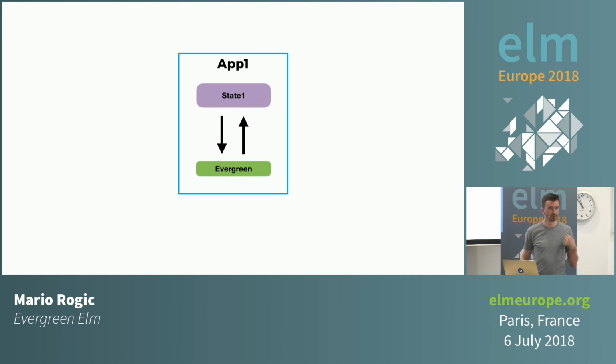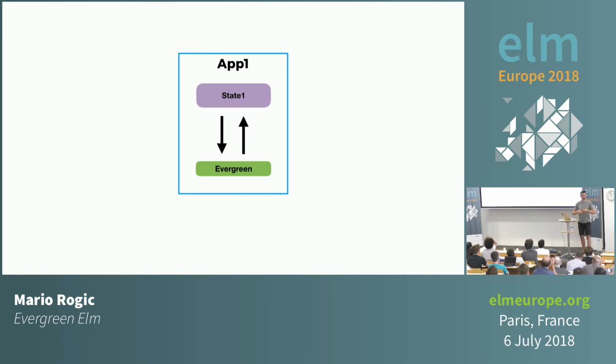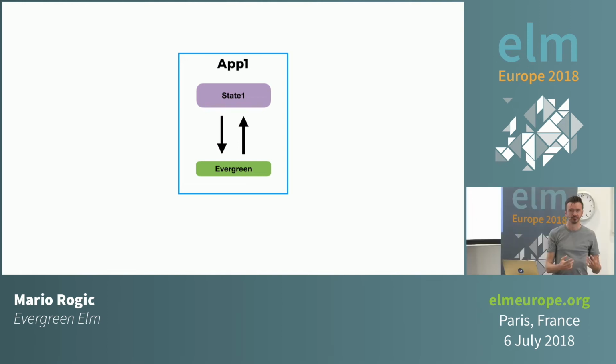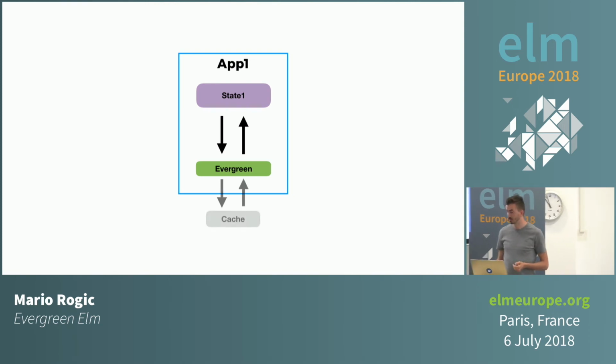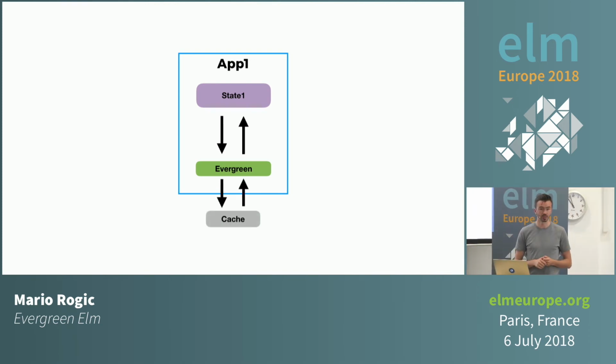So if you think about it from the perspective of an app that's booting up, I'm a brand new application and I've been deployed into production and I'm ready to go, and I get given my state string. I don't know whether that state string was given to me because we're currently upgrading, or whether it was given to me because we might have restored it from somewhere. So we might have this concept of a cache. Sometimes it might make sense to have this. Maybe we have a little counter app where it's not too important, and then maybe sometimes it might not.